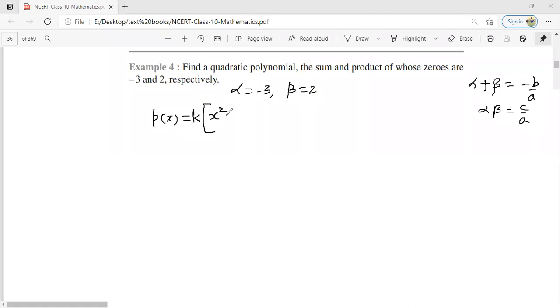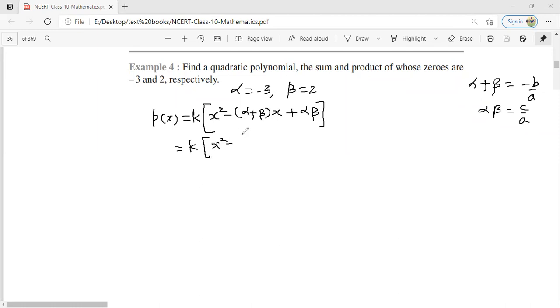The formula is k times x square minus the sum of the roots, alpha plus beta, x plus the product of the roots. So here alpha and beta are given, we can substitute here, and I will tell you what to do for k. So you should always write k with this.